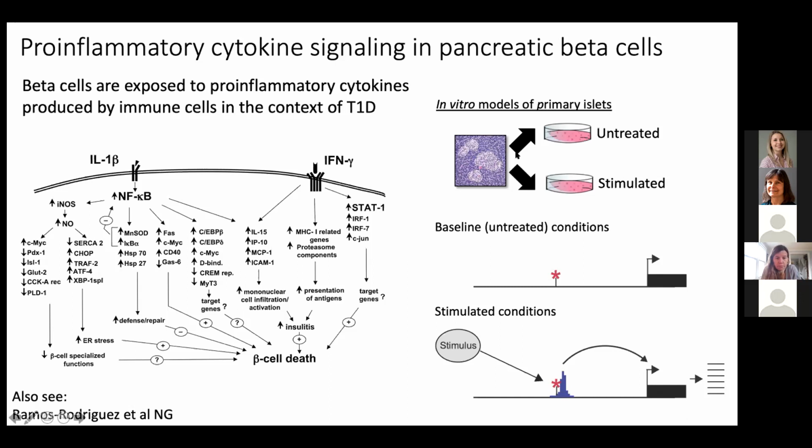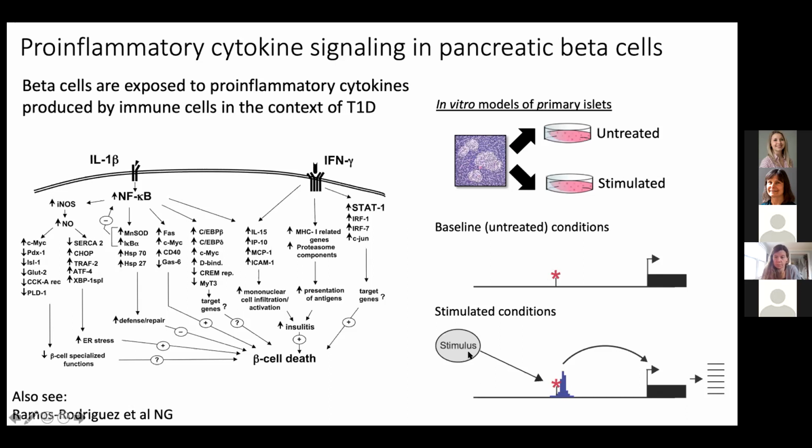Basically, on the right, the way these studies work is that there's in vitro models of islets where you take primary islets and then you either culture them in untreated conditions, or you stimulate them in some way with culture with cytokines or other disease-relevant stressors. And on the bottom, if you have a risk variant, say for type 1 diabetes, that's highlighted here, the red asterisk, in normal conditions, the relevant site for that variant may not be on or may have limited activity.